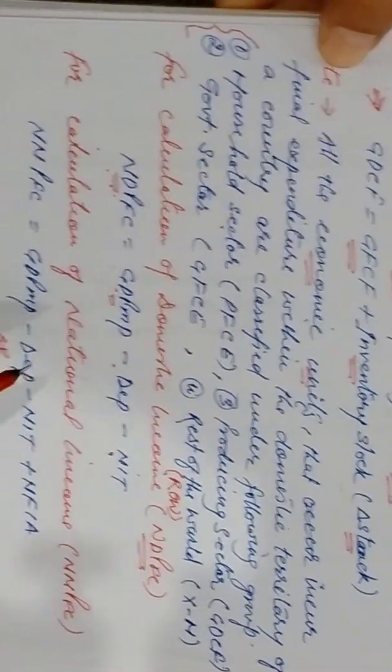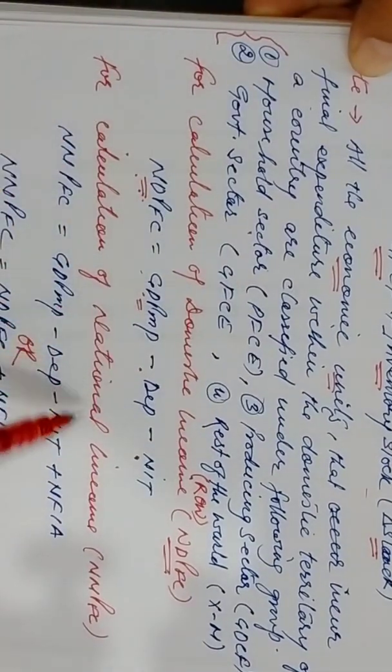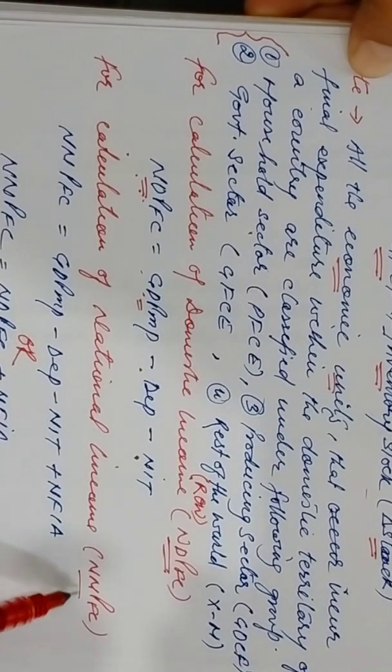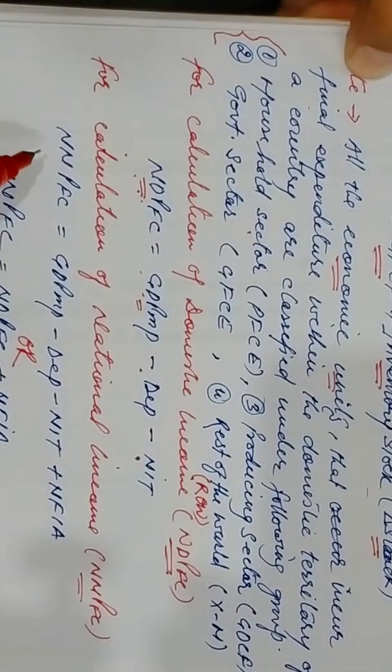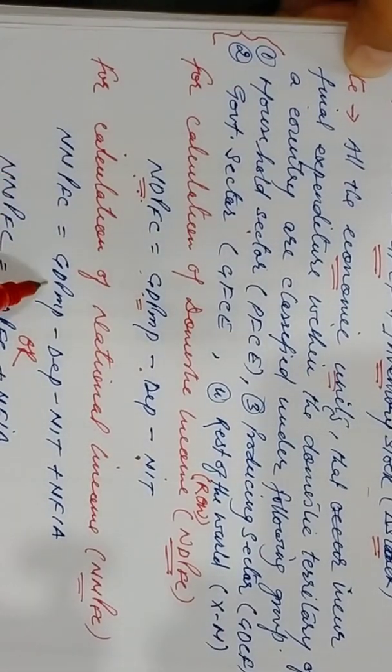The same applies for calculation of national income, which is denoted as NNPFC, by the expenditure method, which is denoted as GDPMP.